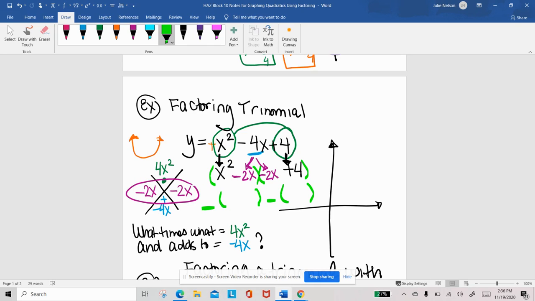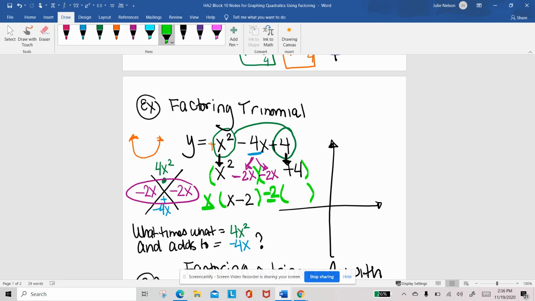So x squared minus 2x, they both have an x in common. And when I factor out an x or divide by x, I'm left with x minus 2. Now, anytime it starts with a negative, you have to factor out a negative. So what does negative 2x and 4 have in common? They both have a negative 2.